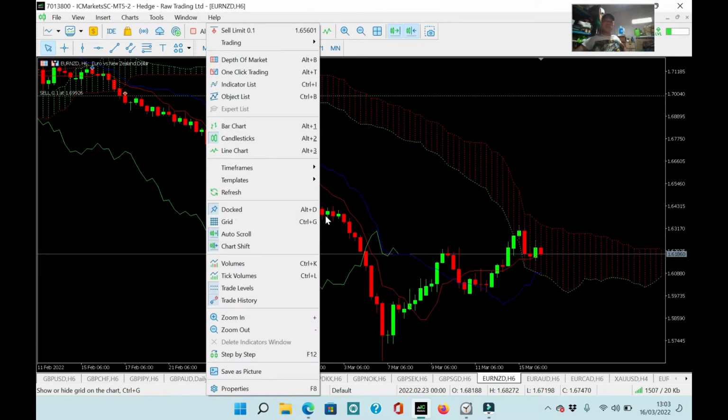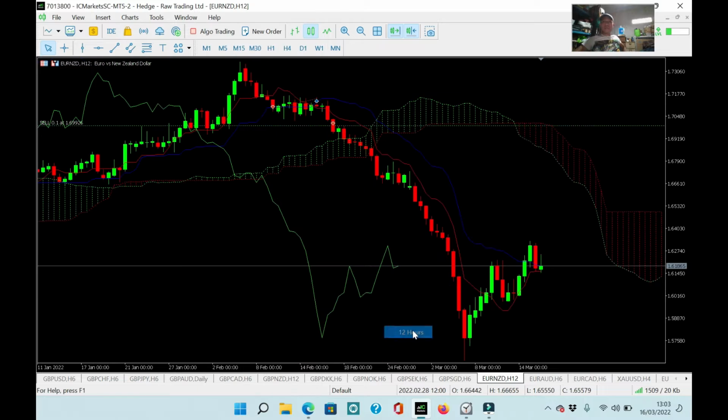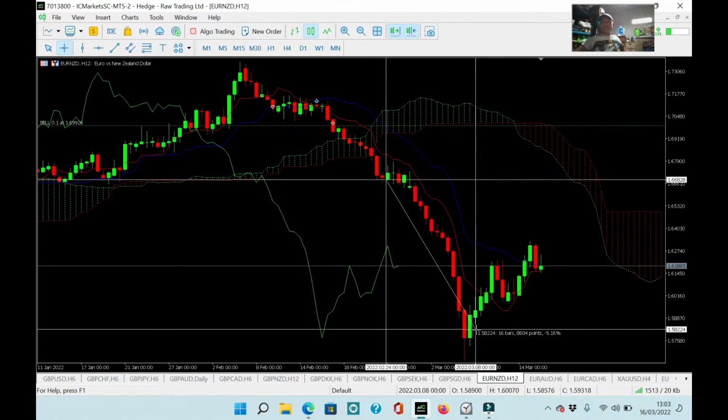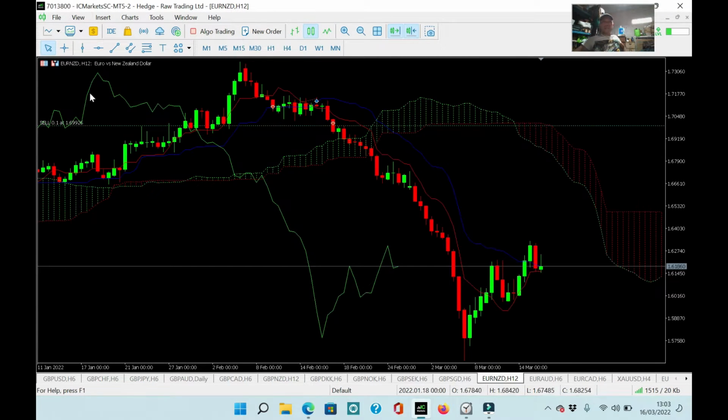If we take a look at the 12-hour time frame, you can see this is a really beautiful move, and then the price is now bouncing back. And if you use Ichimoku, you can see here that the green candle is already crossing the Kijun Sen.